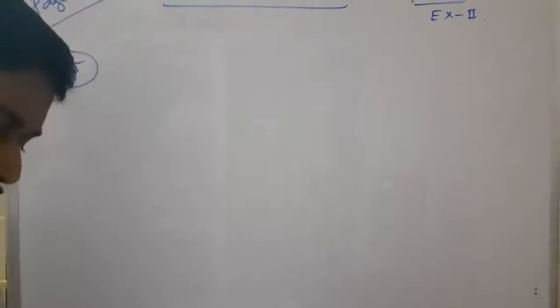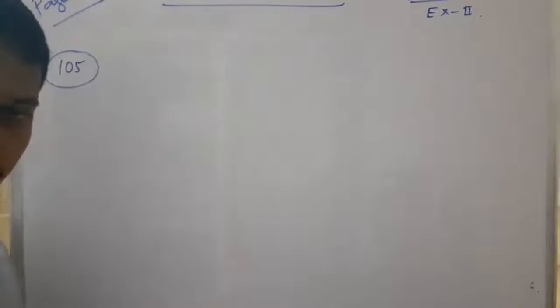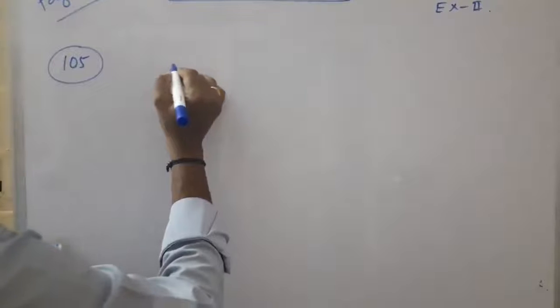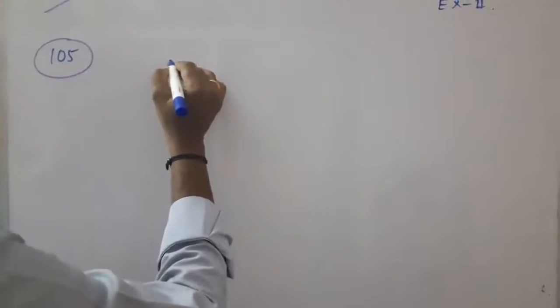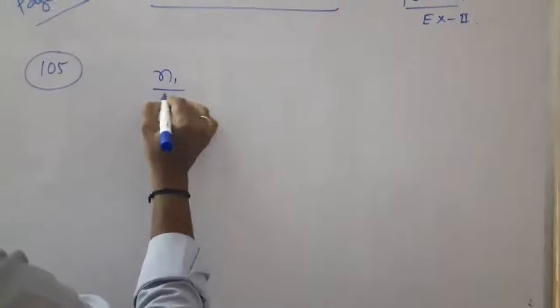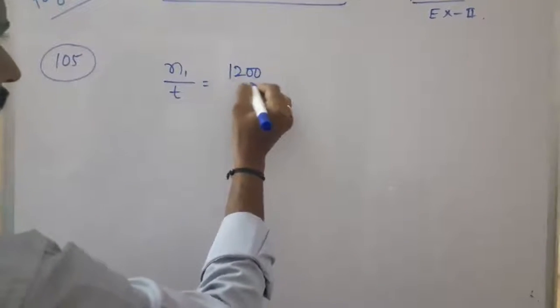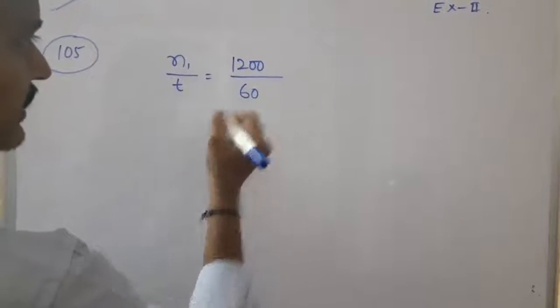The speed of a motor increases from, what is it? Revolutions are given. Number of revolutions per time is equal to 1200 per minute.